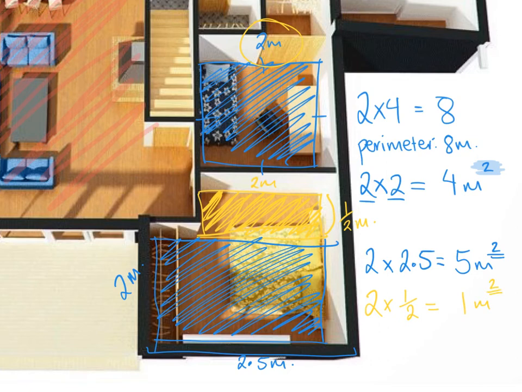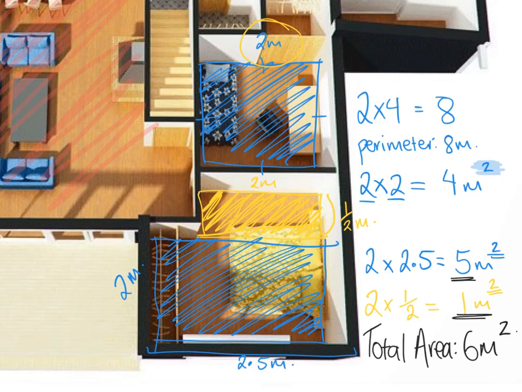And so then the total area of the bedroom is going to be 1 plus 5, which is 6 meters squared. Okay, so that's the total area of my bedroom.